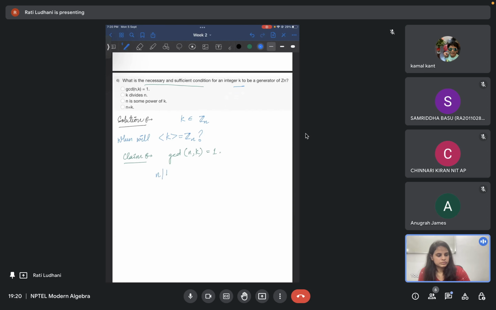For a generator, it will be some multiple of n is some multiple of k. You will only be able to have the powers. Exactly. So you are going right.